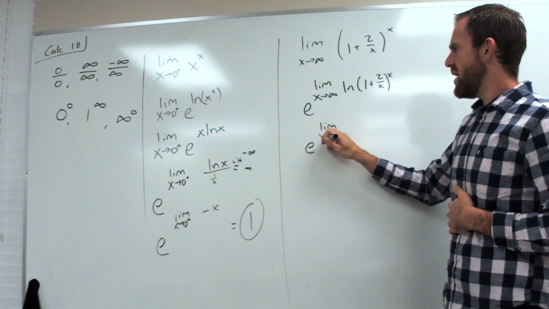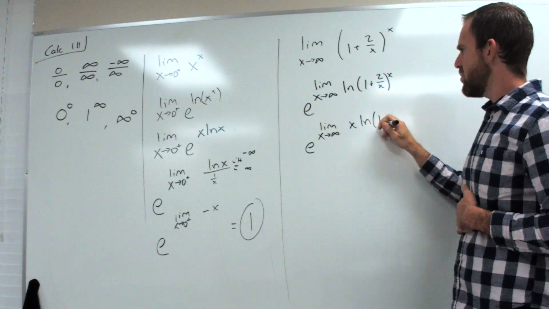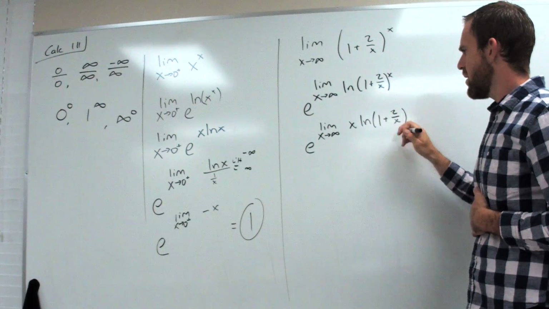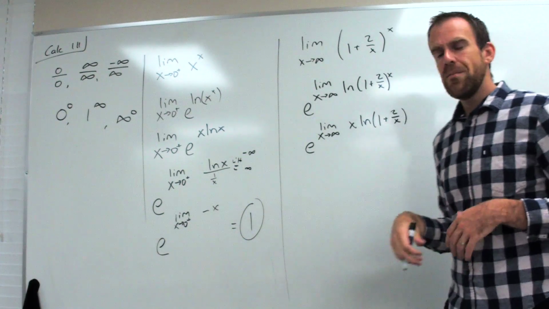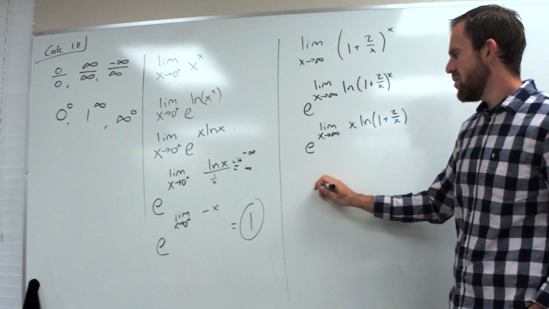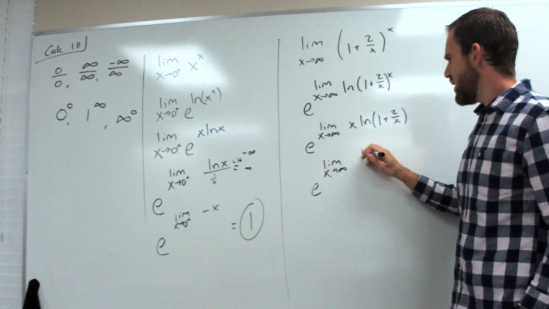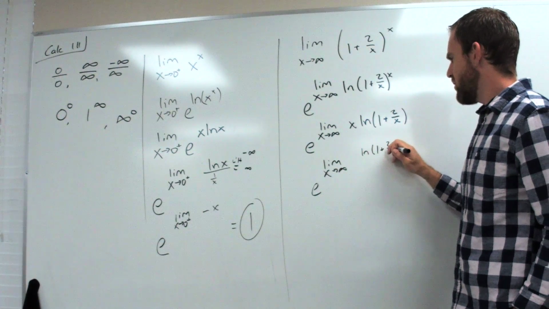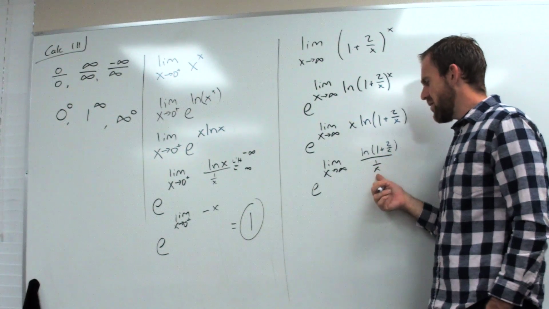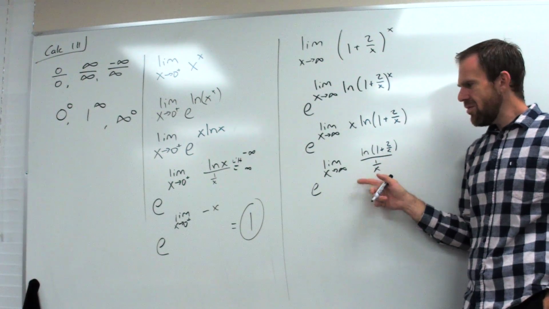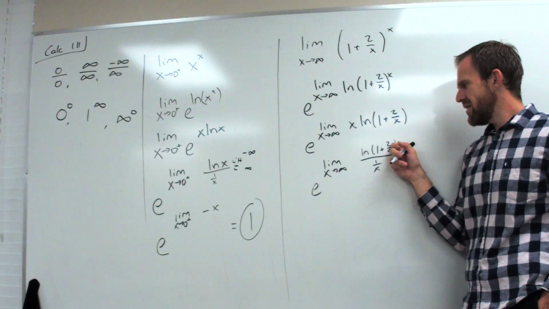So we have the limit as x approaches infinity of x ln of 1 plus 2 over x. Now from here, again, we're going to do the same trick where we make it something that we can do L'Hopital with, by doing ln of 1 plus 2 over x over 1 over x. 1 over x is 0 when you plug in infinity, and ln of 1, when I plug in infinity, this term goes away.